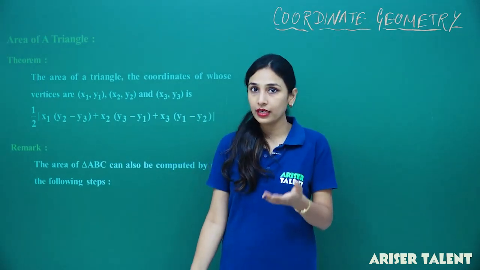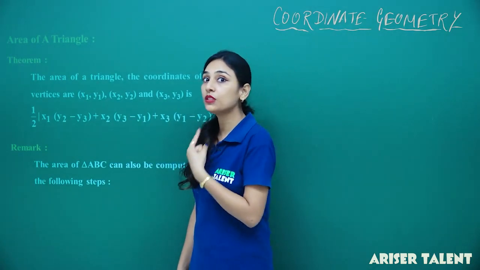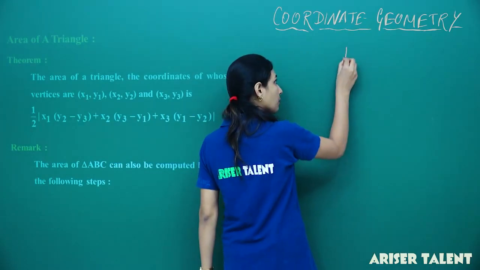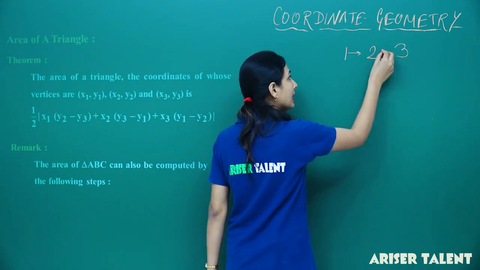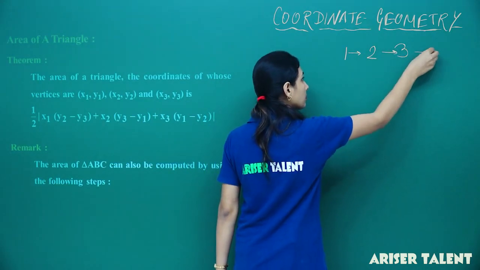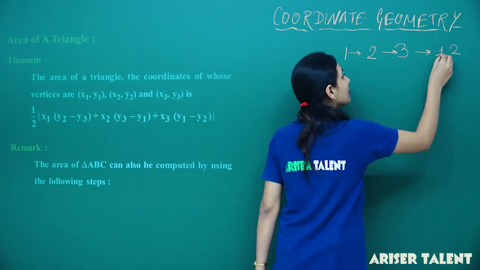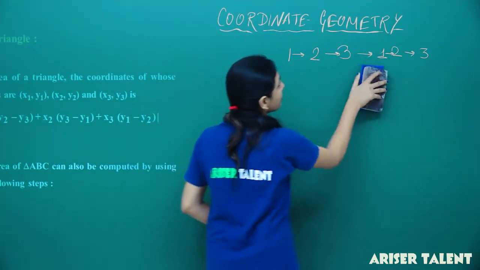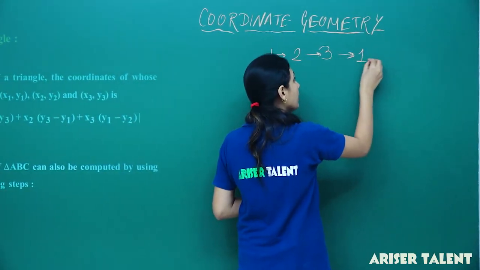So what we did, we applied a little trick, and what was that? Now observe the pattern I'm going to tell you. We'll talk about 1, 2, 3, and we'll go with that. Now again 1, 2, 3, so that will be 1, 2, 3, 1, 2, 3, 1, 2, 3.